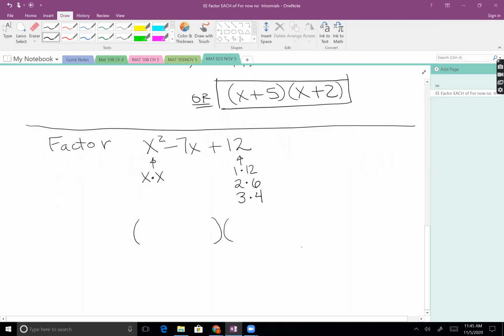Now, the factors of x squared are going to be the first term in each binomial. Because this is positive, it means that my binomials have the same sign.